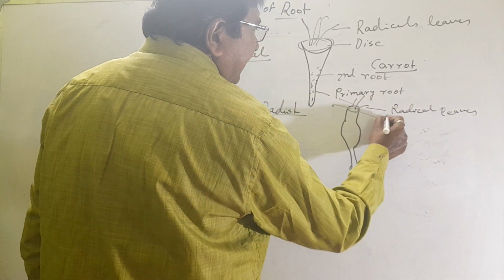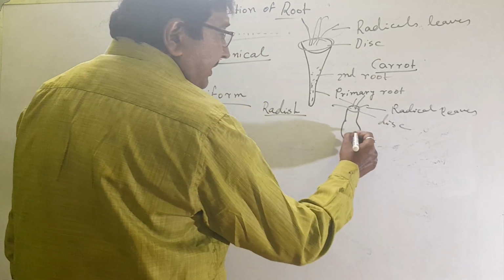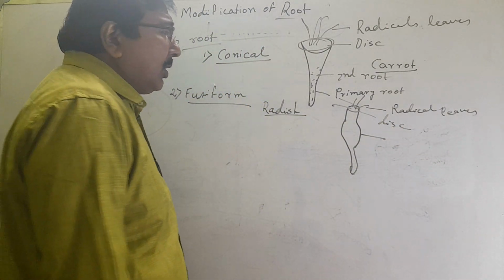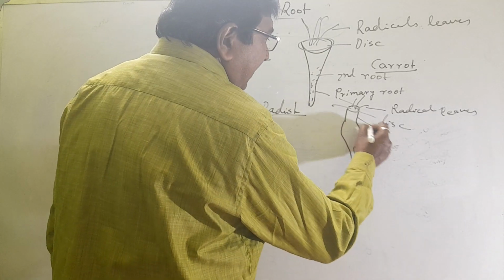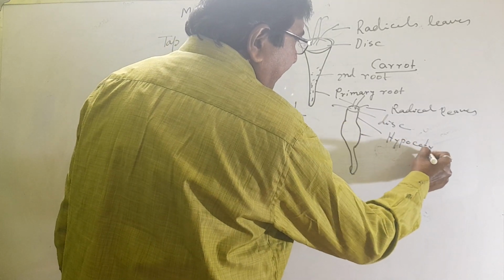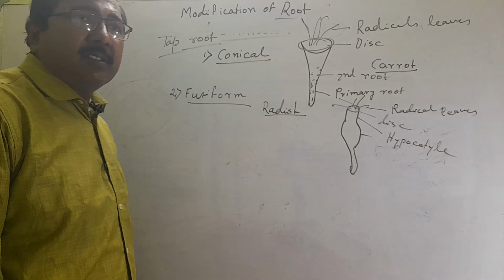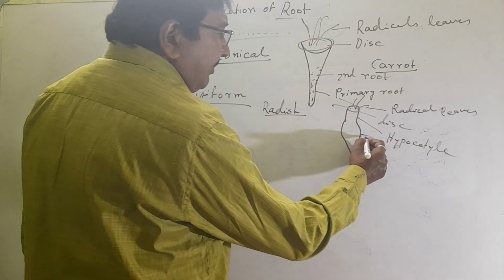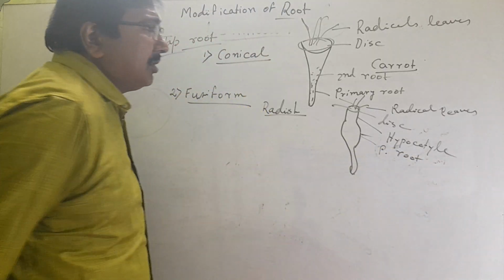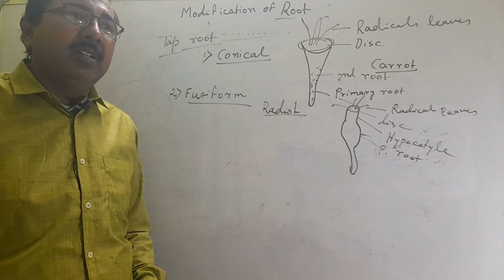This is disc. This part is called hypocotyl, and this is the primary root.